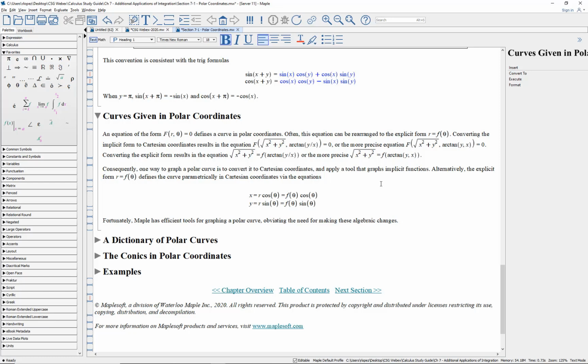So Maple has the tools to do it either way. The simplest way is to leave it in the form r equals f of theta and graph it and say the coordinates are polar.